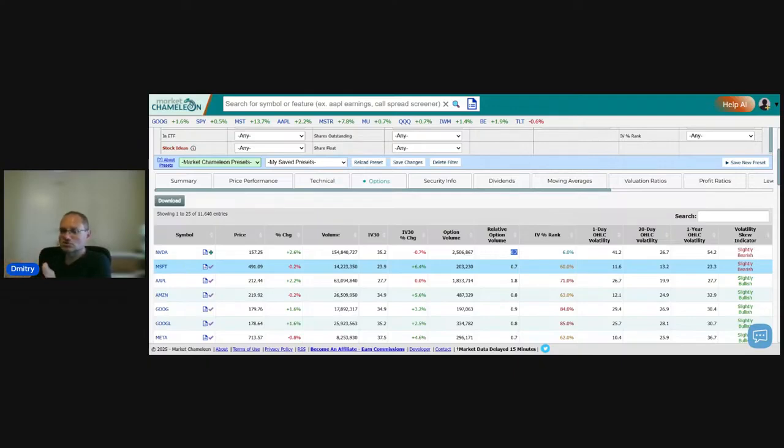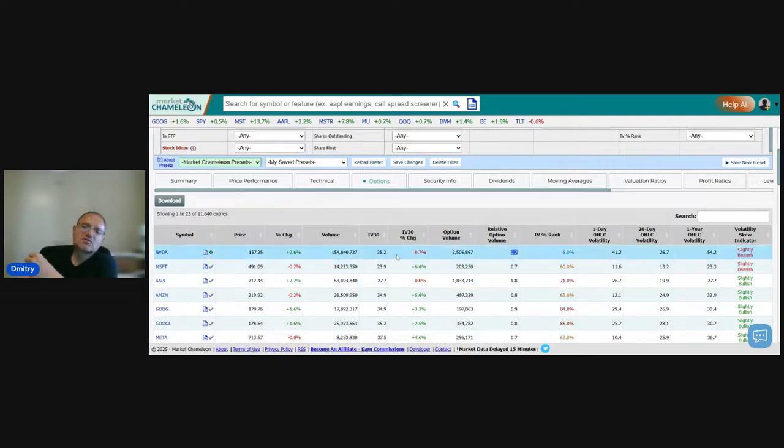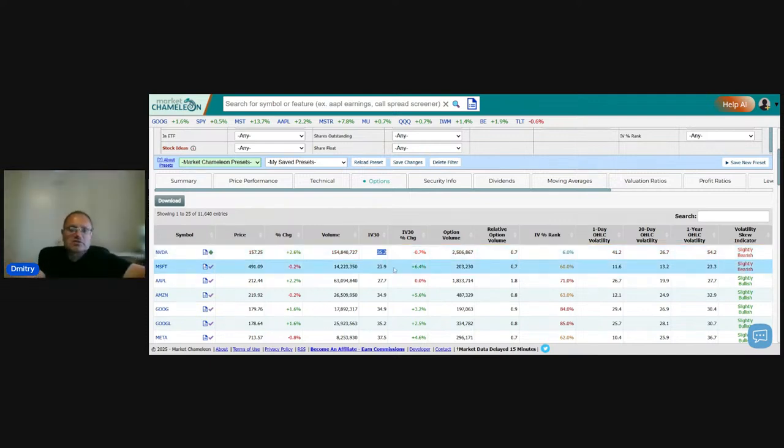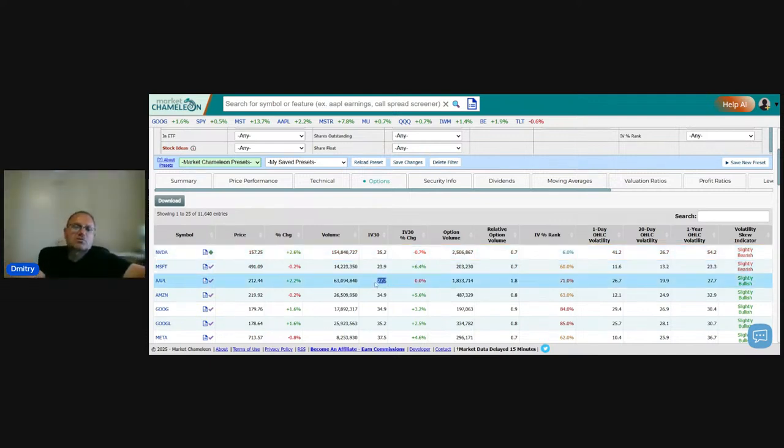Well, just like we do with the volume, we look at the historical ranges, and when we look at the implied volatility, let's say in NVIDIA here, 35.2, well, what does that mean? Because Microsoft's 23.9, Apple's 27.7, Amazon 34.9.